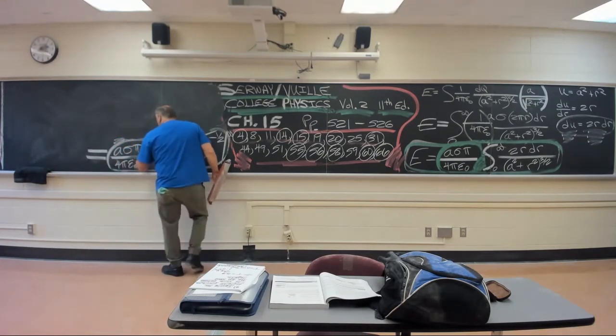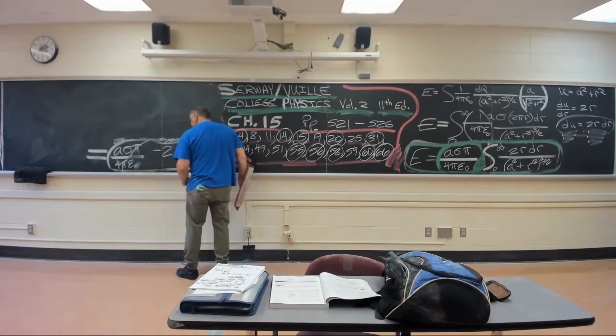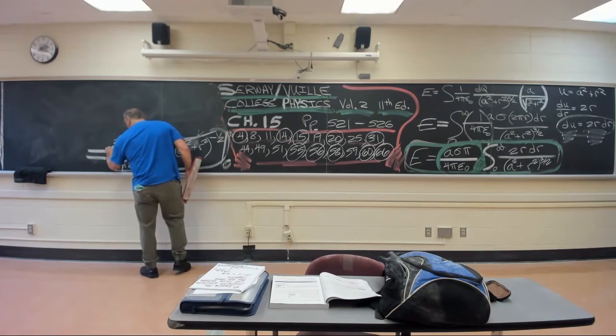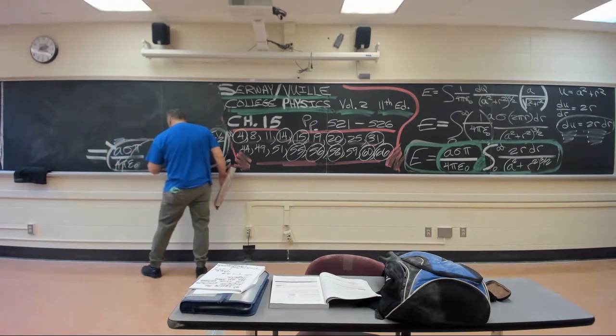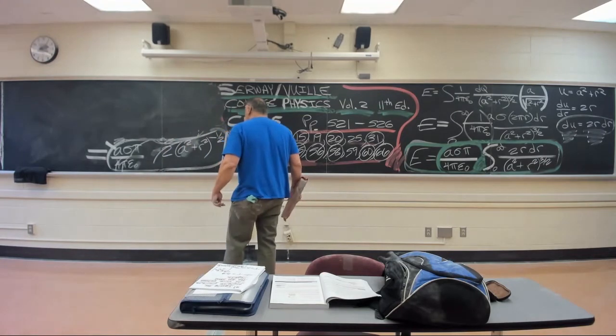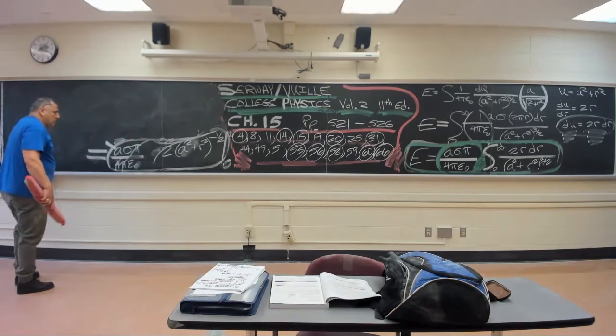I mean, pi and pi cancel. Negative 2 and positive 4 cancel. And you've got a negative right here, so put the negative right there. What's going on?